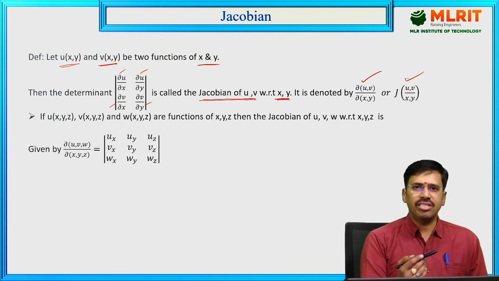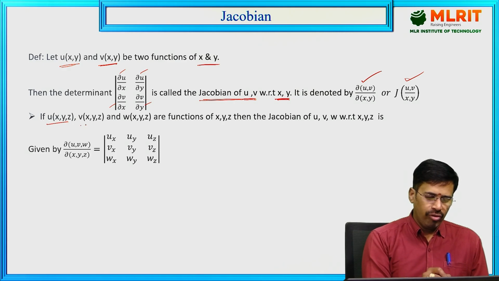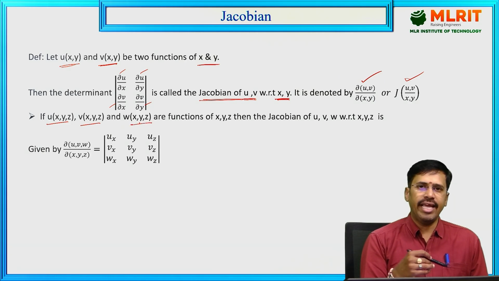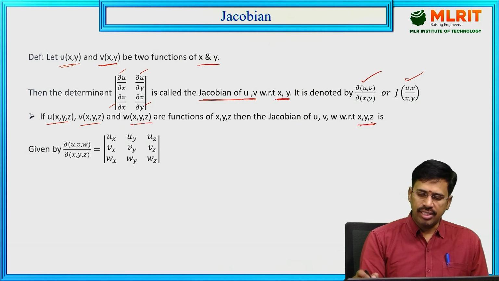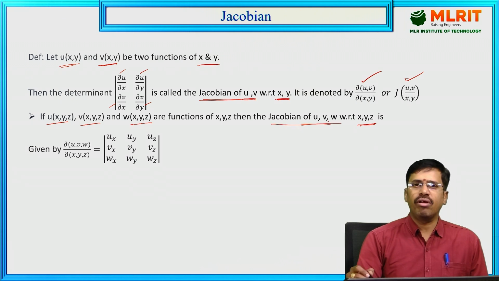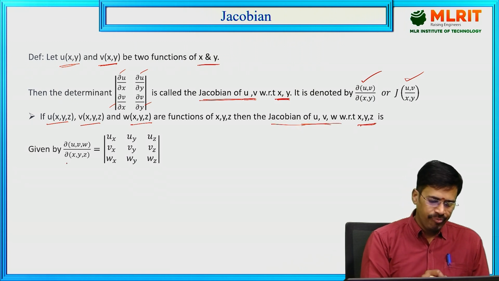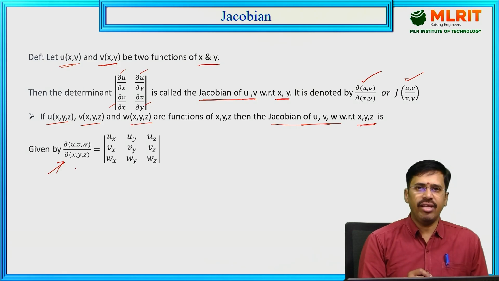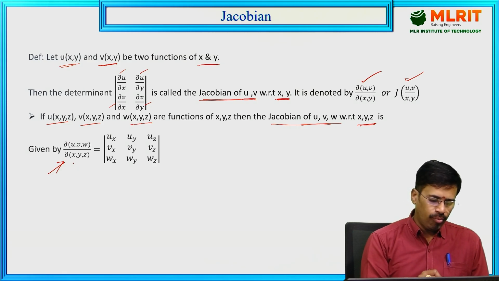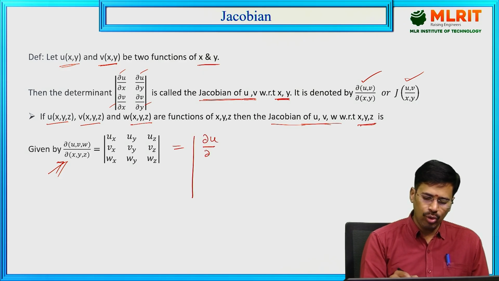Suppose there are three functions, say u, v, w, in the variables x, y, z. Then the Jacobian of u, v, w with respect to x, y, z is given by this. This is the notation for the three-variable Jacobian: dou of u, v, w by dou of x comma y comma z, that is the determinant of ux, uy, uz. Here u suffix x can also be written as dou u by dou x, u suffix y as dou u by dou y, and then dou u by dou z.